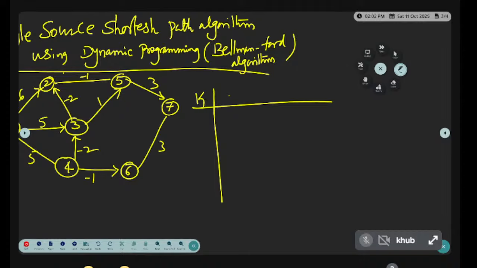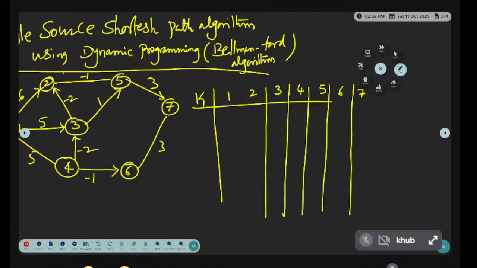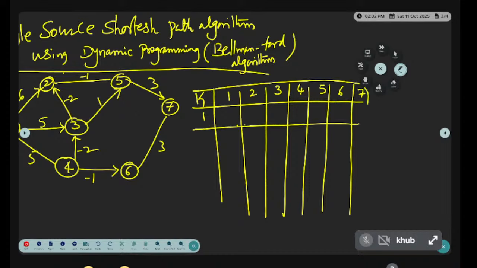Here K represents stages. Here the number of nodes is 1, 2, 3, 4, 5, 6, 7. So when K is 1, it means with only one edge.